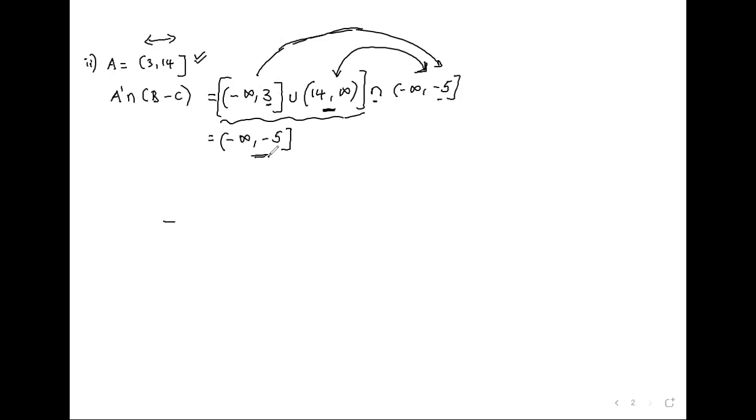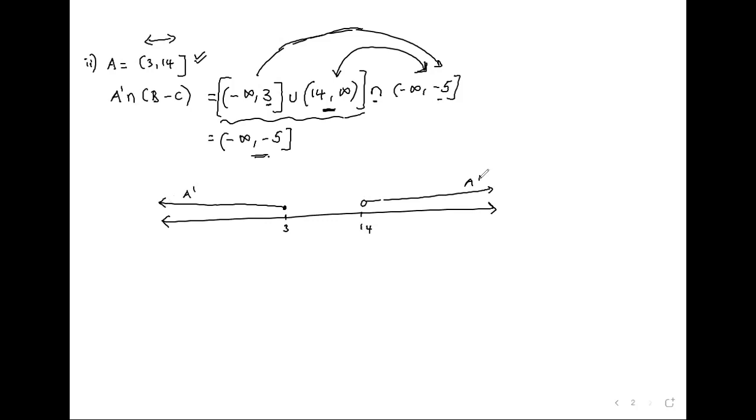If you are using the number line, this is what you will have. You have A from 3 to 14. And then instead of putting A, you put the complement of A. So you open here, going this side. You close here, going this side. This is A complement. And then B minus C is from negative infinity up to negative 5.